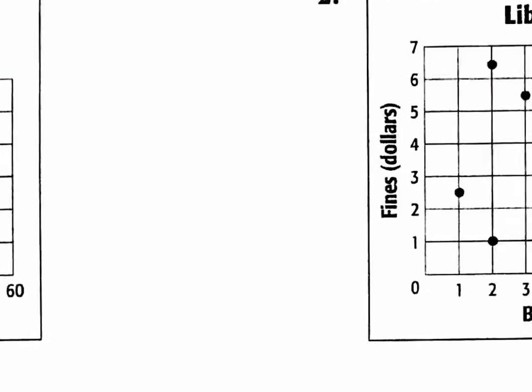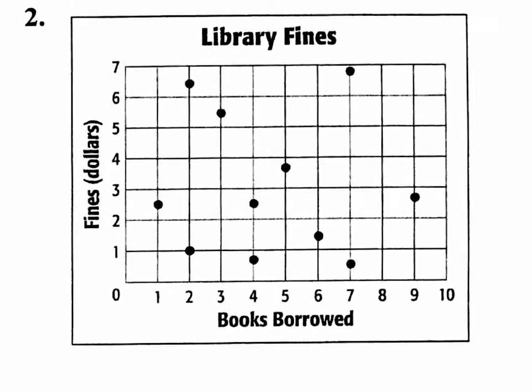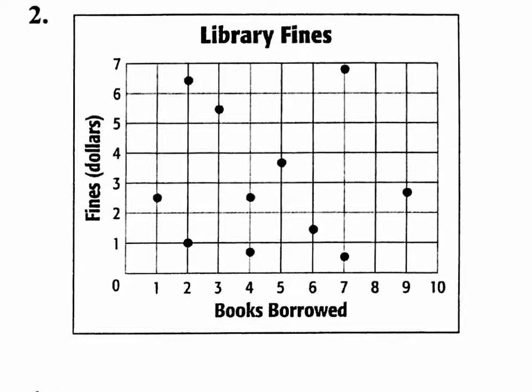Let's check out this next one right here. This is talking about a librarian, probably. And it's talking about the amount of books borrowed and the amount of fines with regards to dollar amounts, right? So what could we say about this one? If you check out more books, what usually happens? That's the right answer, which means you can't say anything, right?